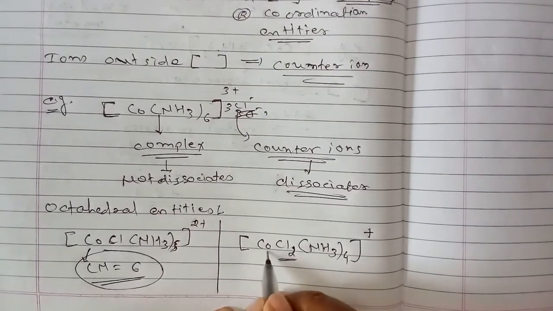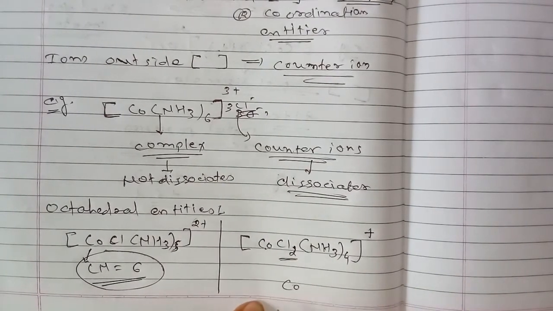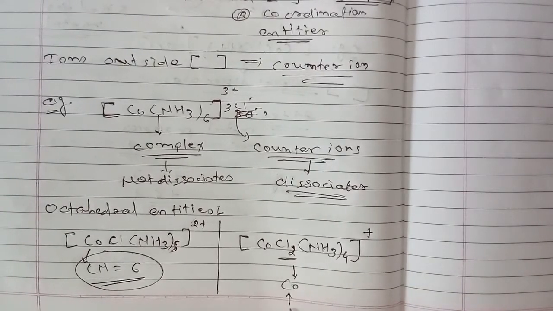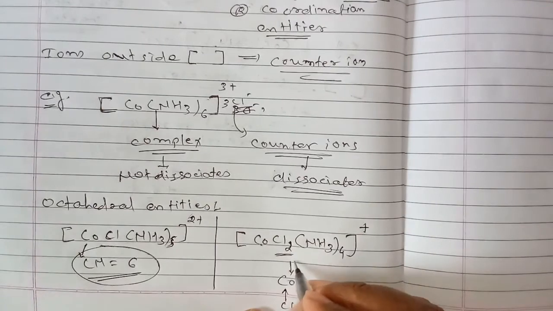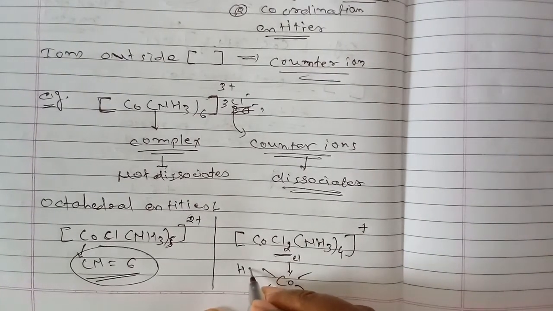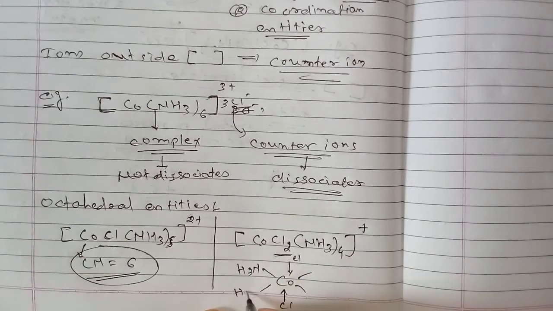Here the cobalt is bonded with 2 chlorine atoms and 4 molecules of ammonia.